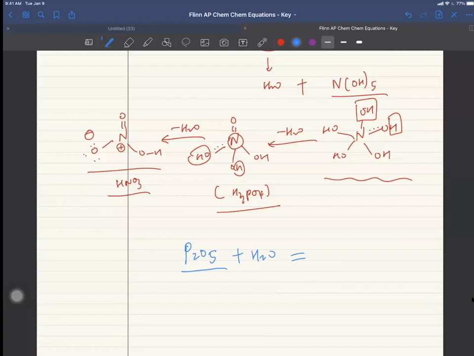Phosphorus, right? You don't need to say phosphoric. It's just the cation. The cation uses the name of the element. My second question is, what would be the products? You can let me know the formula first, and then we figure out the name.